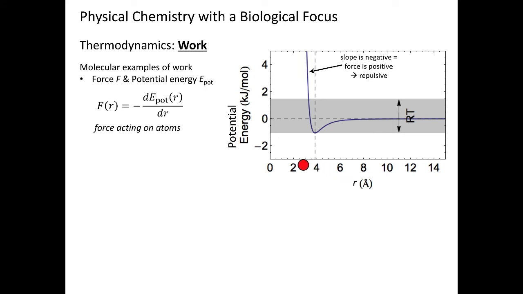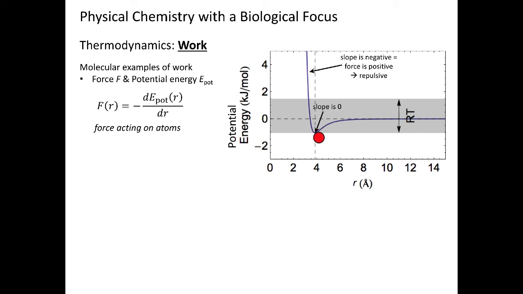So if the position r of the particles, this is the distance between the particles essentially, is here, then the slope of potential energy is negative. We see that if you go from small r to larger r, the energy goes down, so the slope is negative. And if the slope is negative, then the force must be positive. The positive force means you're pushing in this direction, so larger r, and that means repulsion. This is a force that pushes the particles apart.